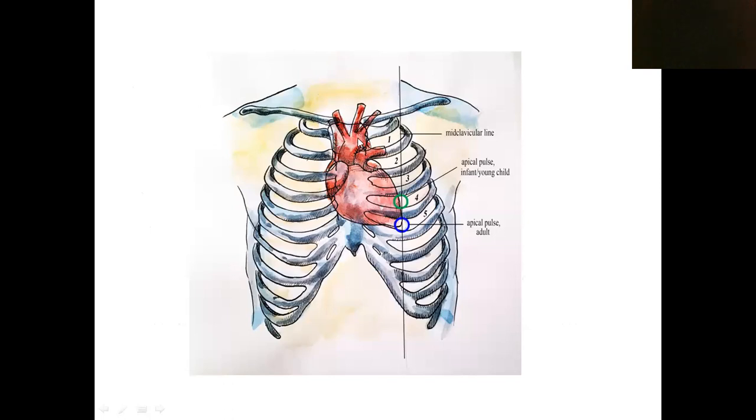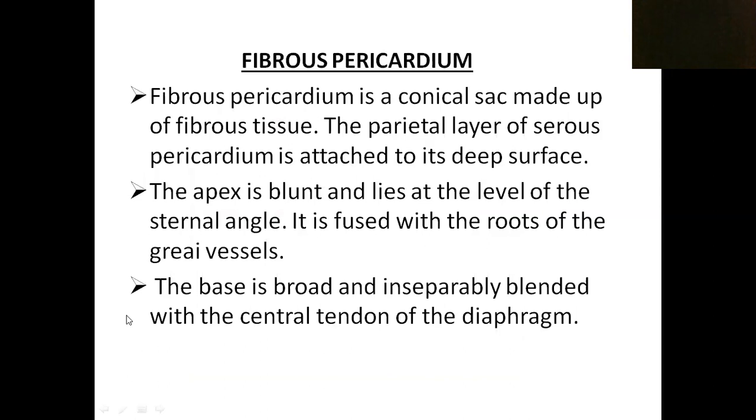So manubrium sterni, body of the sternum, then the xiphoid process. Here, the junction of the manubrium with the body of the sternum is the sternal angle, and the apex of this fibrous pericardium lies at this level. So the apex is blunt and lies at the level of the sternal angle.